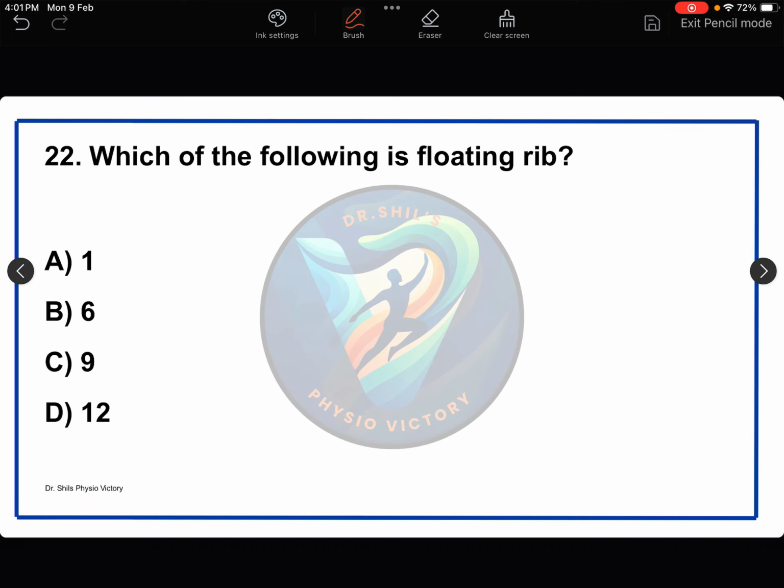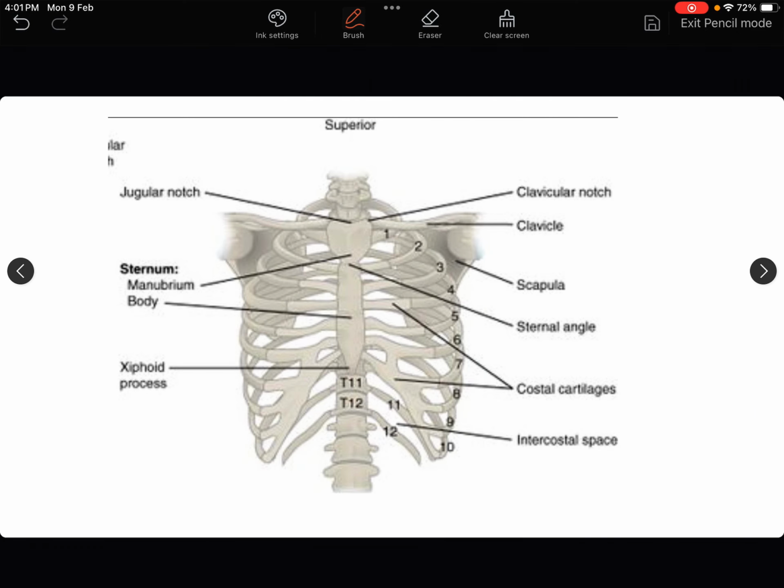Next, come to question number 22. Which of the following is floating ribs? Option A 1, option B 6, option C 9, and option D 12. Here the correct answer is option D 12. So this is the image of our rib cage. 11th and 12th rib is floating rib.